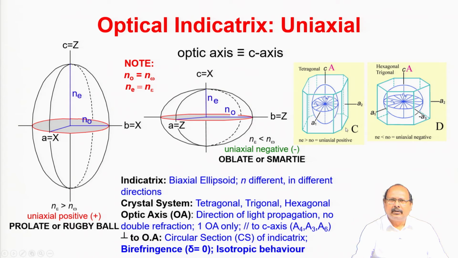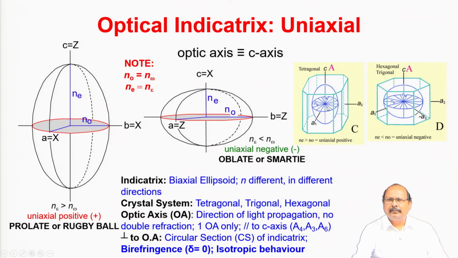You remember, in a tetragonal crystal system the C crystallographic axis is vertical, and in a plane perpendicular to the C crystallographic axis there are two crystallographic axes, called A1 and A2. They are equal in length, but unequal with the C crystallographic axis.